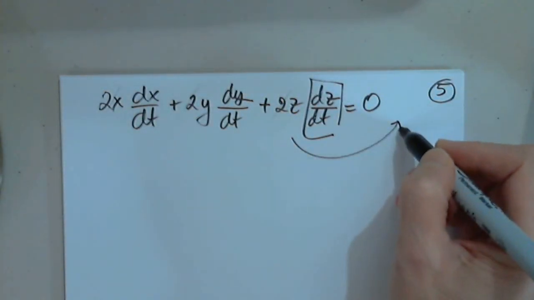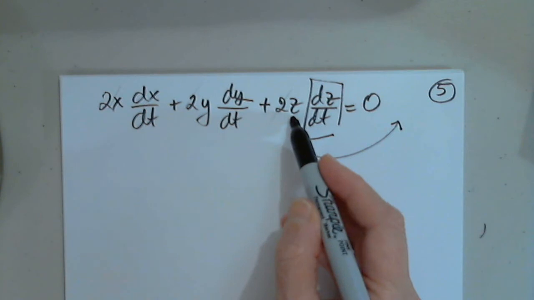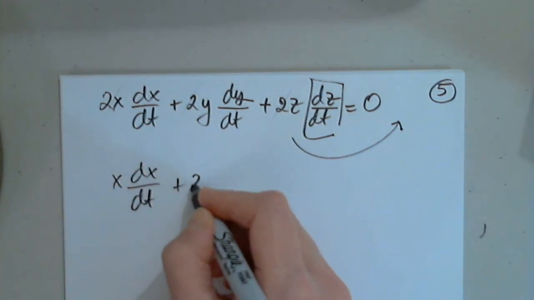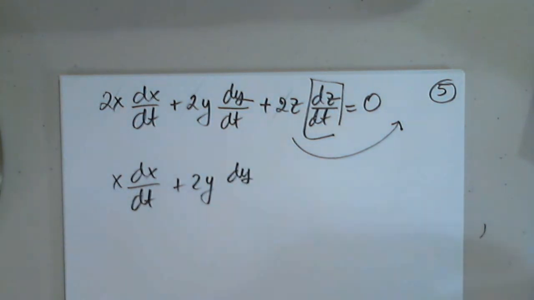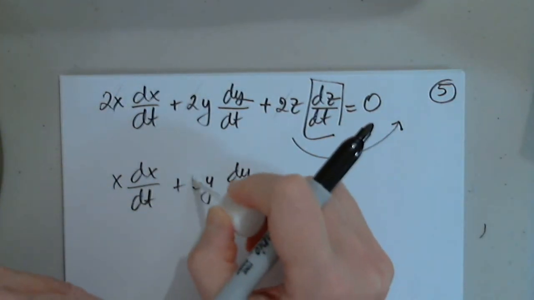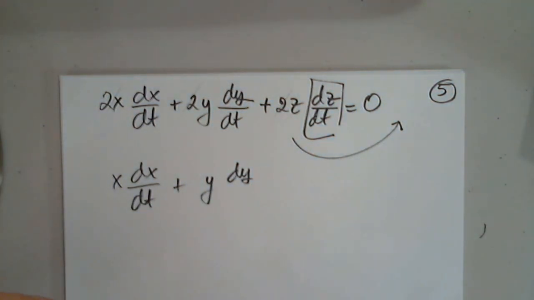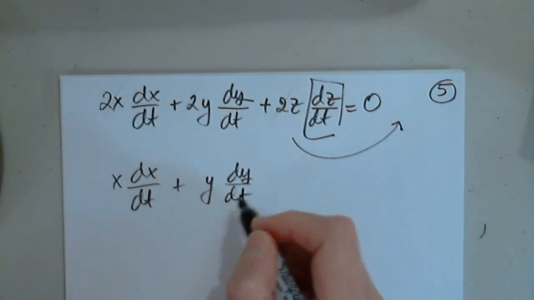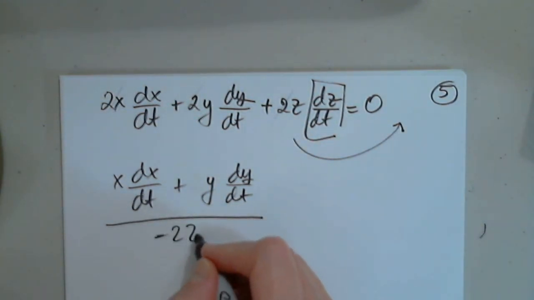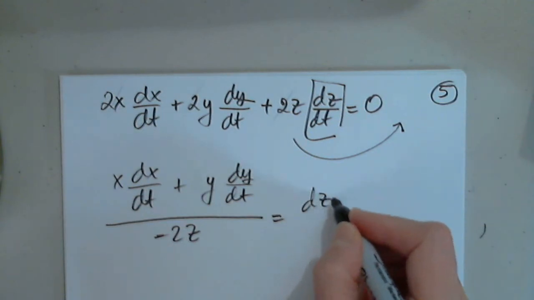I will move this to the other side, and then divide by z. So I have x dx over dt plus y dy over dt, everything divided by, remember I moved it as negative, negative z equals dz over dt.